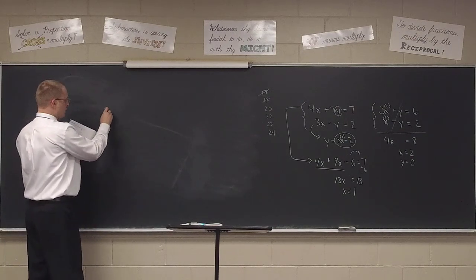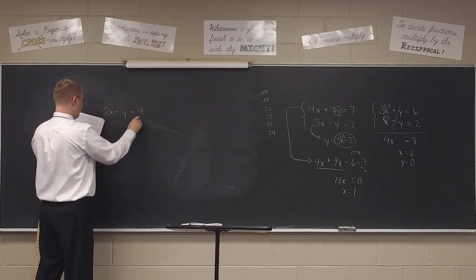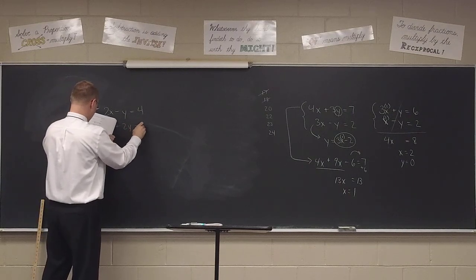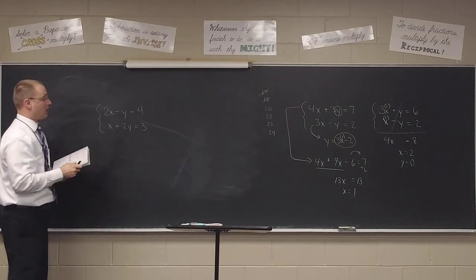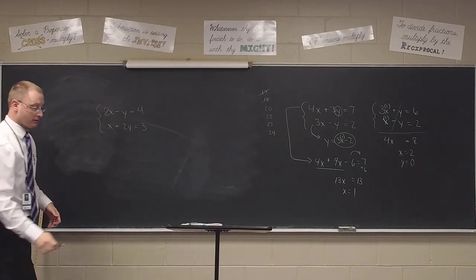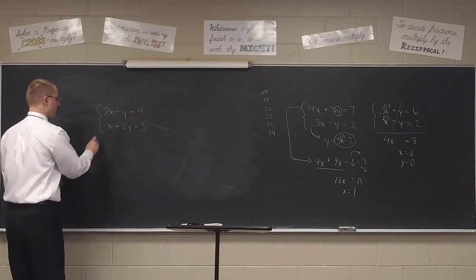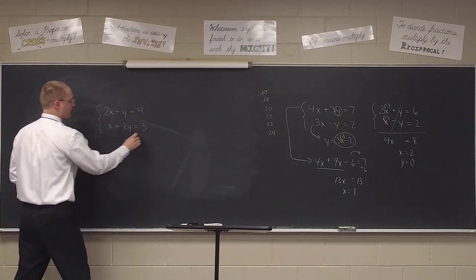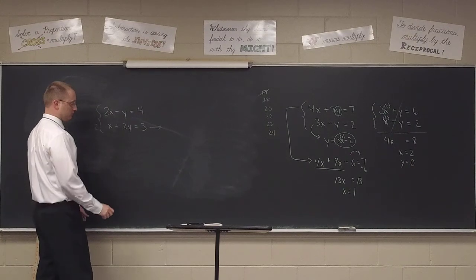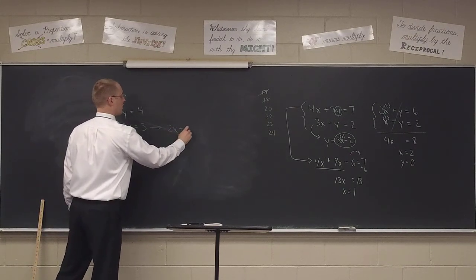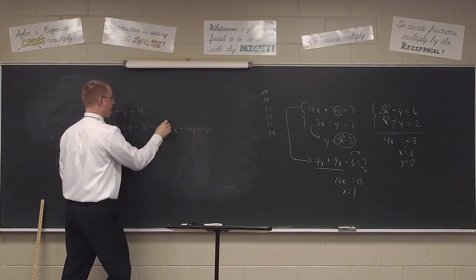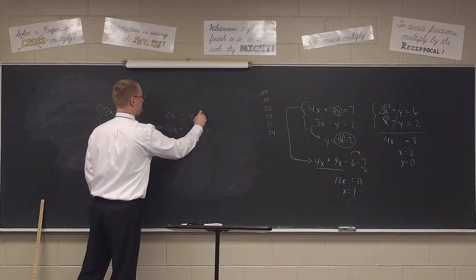Addition. All right, so you have the 2x minus y equals 4. You have the x positive 2y equals 3. And you multiplied the bottom by 2, and that gave you a new bottom equation of, and of course the top equation is still 2x minus y equals 4.